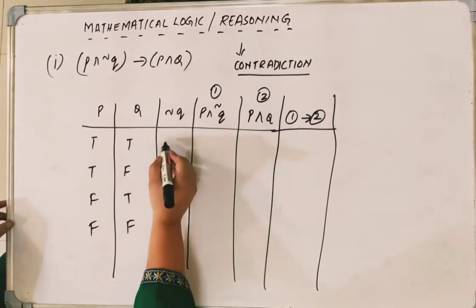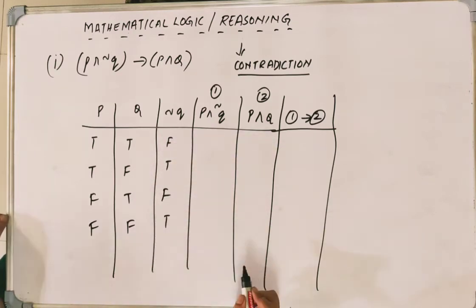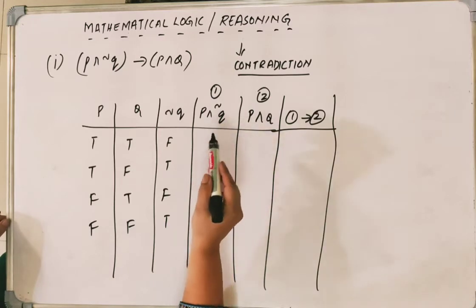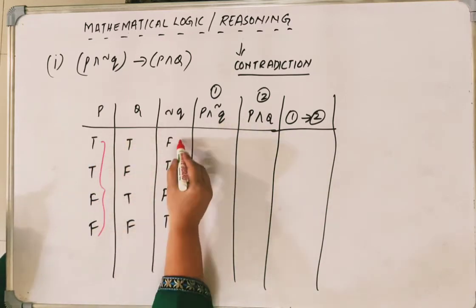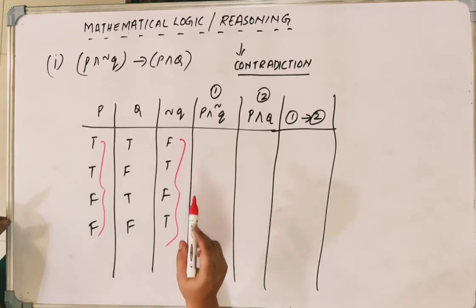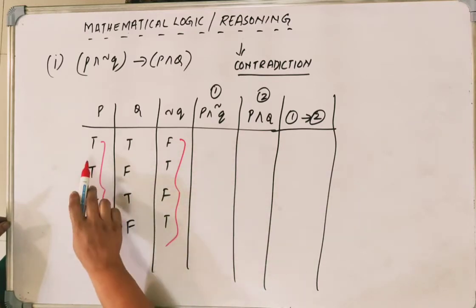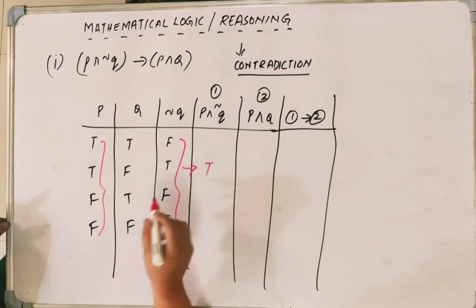Negation of Q is just the reverse: false, true, false, true. Now P and negation of Q. In AND, we know that both the statements have to be true for the final truth value to be true. Do we see both trues here? Yes, here there is one.